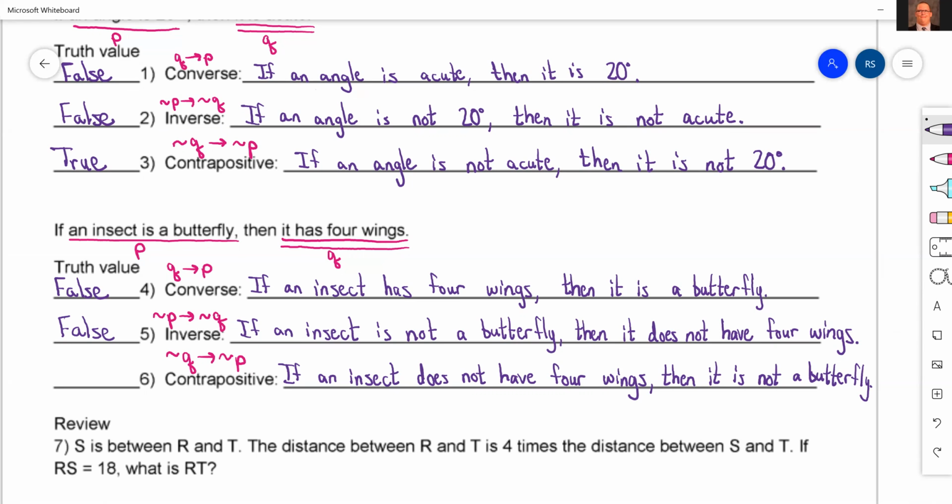And the last one, contrapositive. If an insect does not have 4 wings, then it is not a butterfly. So if it doesn't have 4 wings, then it can't be a butterfly. Yeah, that's true. Butterflies have 4 wings. So if it doesn't, then it's not one. So that's true.